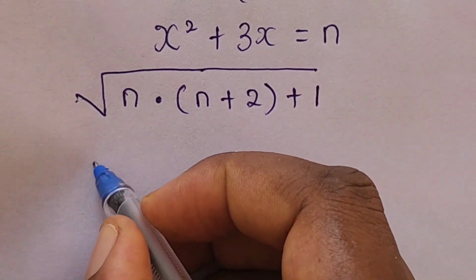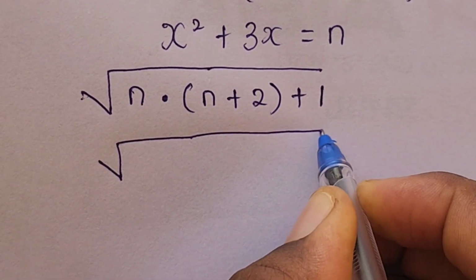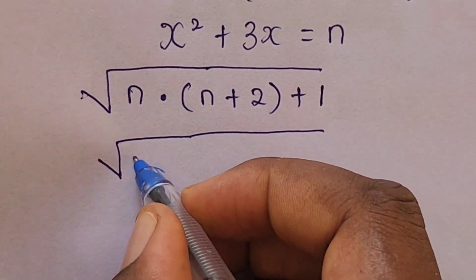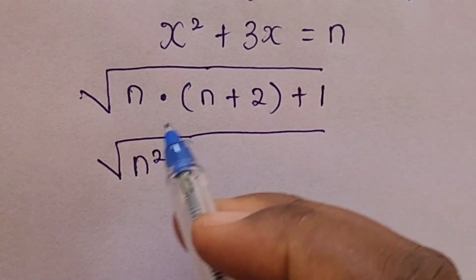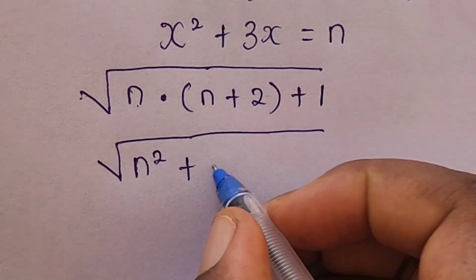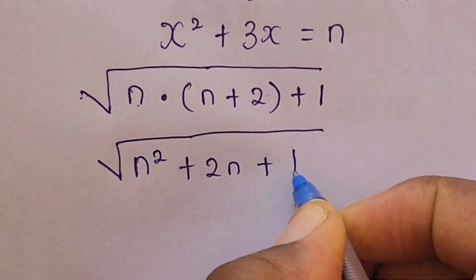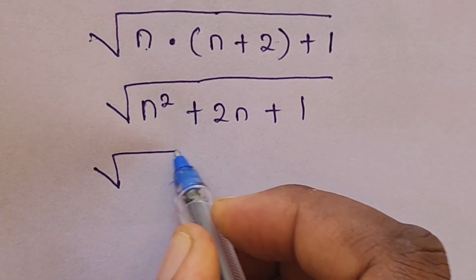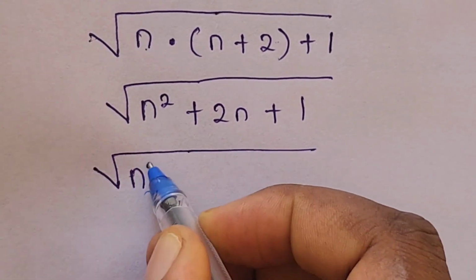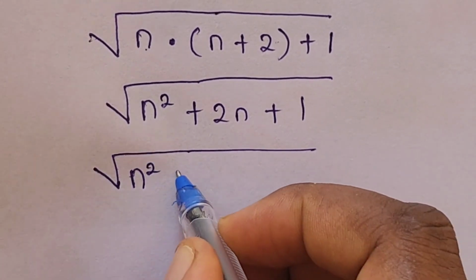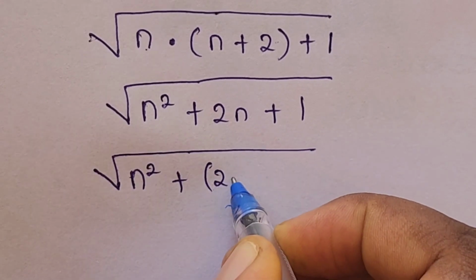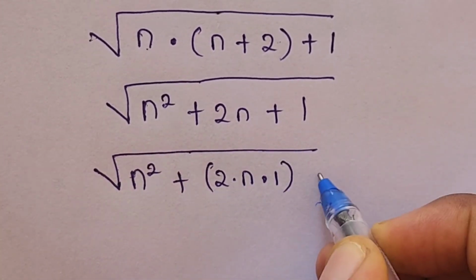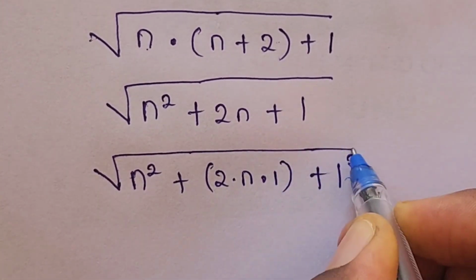So when we open up the bracket, we have the square root of n times n is n squared, plus n times 2, which is 2n, plus 1. So this is the same as n squared plus 2 times n times 1 plus 1 to the power of 2.